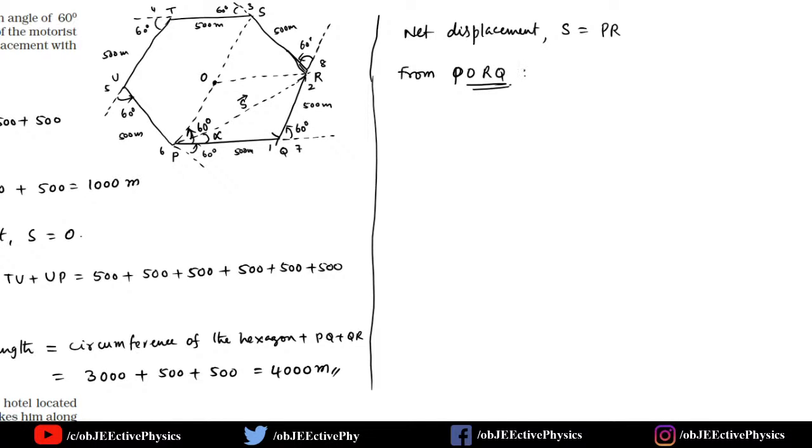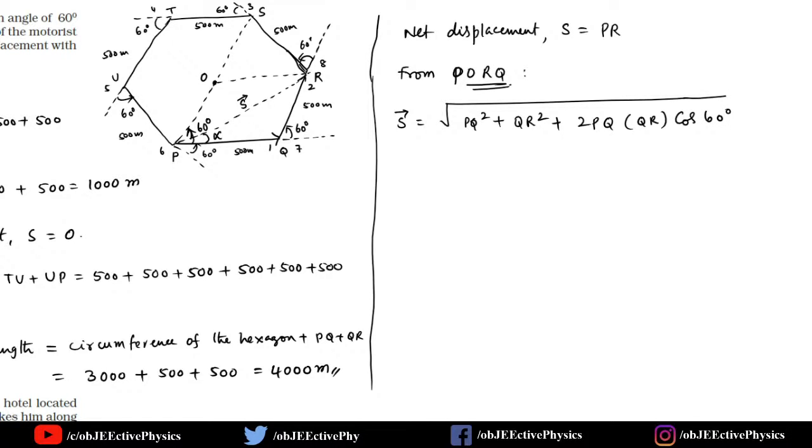According to the parallelogram law of vector addition, S bar is equal to the square root of PQ square plus QR square plus 2 PQ into QR into cos 60, because the angle between the first vector and the second vector is 60 degrees. Observe the parallelogram PORQ.